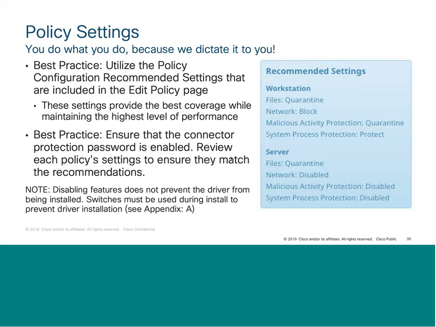Now, the key thing here is not necessarily what we want to turn on or off, because we will evaluate that on a per role basis, but specifically that even if you install a connector with the network driver with DFC disabled, if you do not use the install flag to disable that driver, the driver will still install. Now, if you install a network driver on a server that is hosting a SQL server, and those SQL transactions are highly sensitive, you're going to see problems.